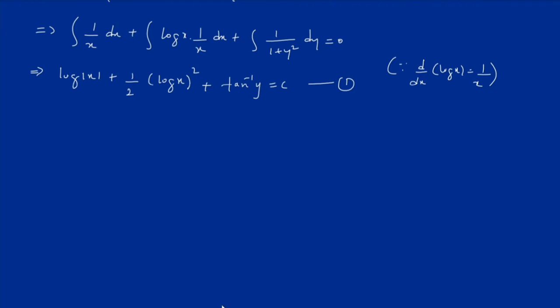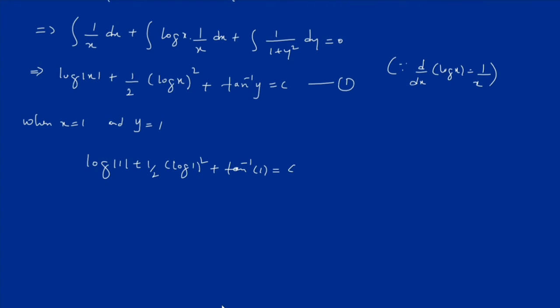So now when x equals 1 and y equals 1, these are the given values, then what we get here? Log of 1 plus 1 by 2 log 1 whole square plus tan inverse 1 equals c, the constant term.